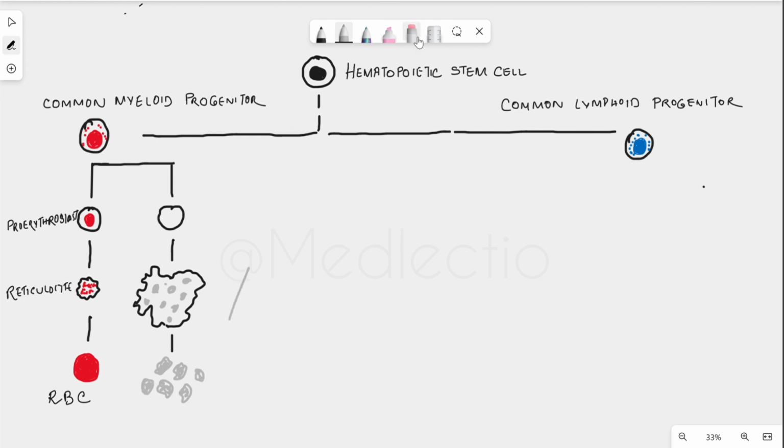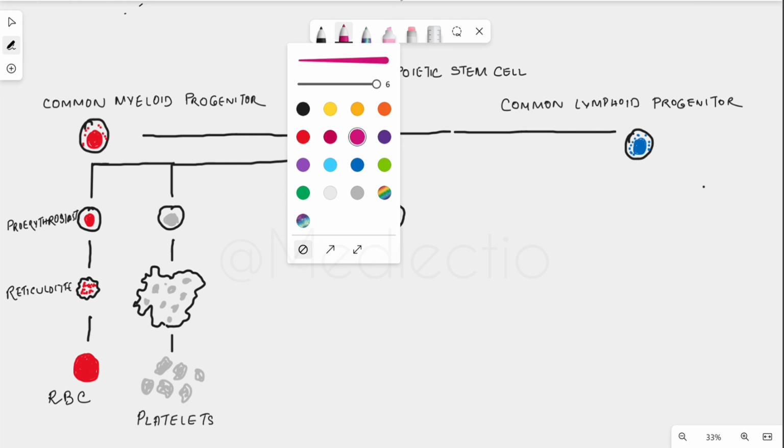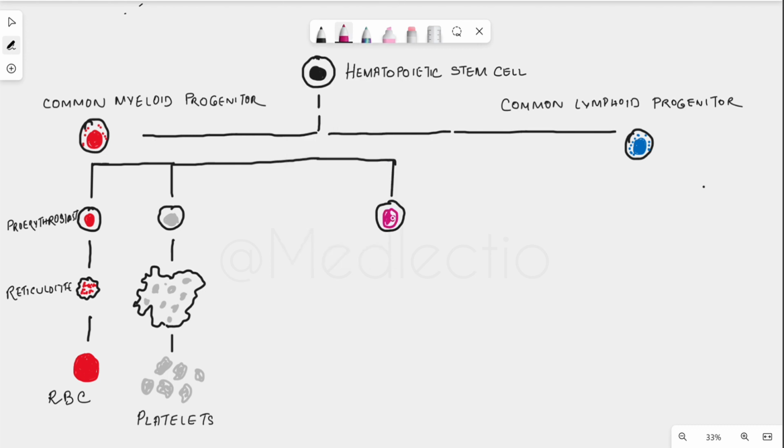Okay, next one, and a chunk of cells develop from this. So as you can see, these things are important to know the cell structure and cell origin. Okay, this is a very important chart in hematology.